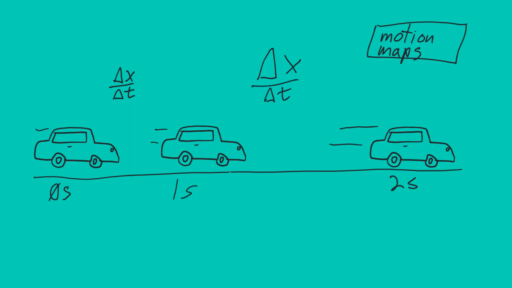So if I was to continue to draw this, and let's say the acceleration was constant, we would keep seeing the delta x get larger and larger and larger. And actually, it would be a parabolic function, right? That's what we would see on a position versus time graph for an accelerating object.